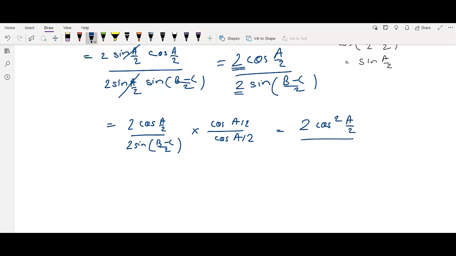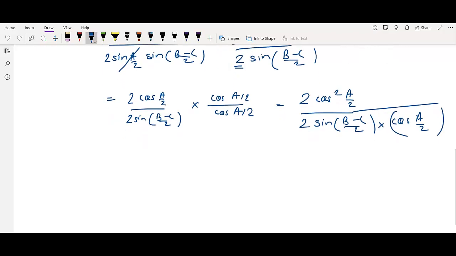So we finally have what we want in the numerator, into 2 sine of b minus c by 2 into cos of a by 2. Okay, I have these terms.